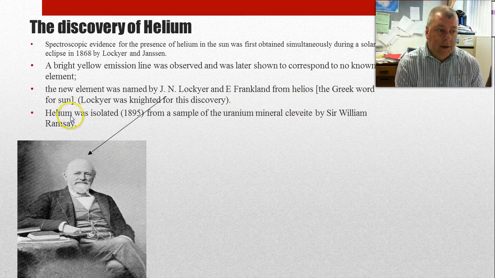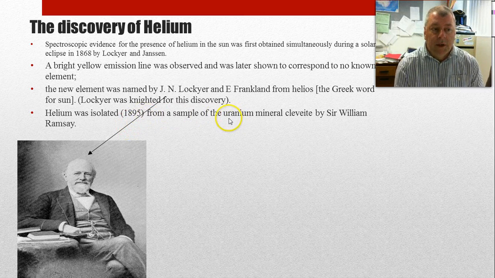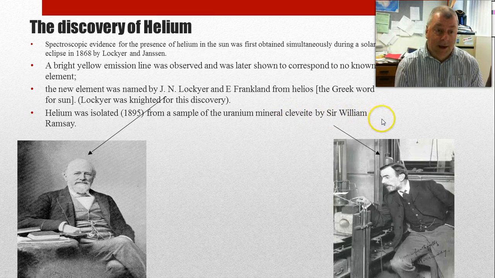And helium was discovered and named, but it wasn't actually isolated until 1895, so many years later. And it was difficult to isolate because it's a noble gas. It had to be isolated from a sample of uranium metal by Sir William Ramsay. And that's what he looked like.